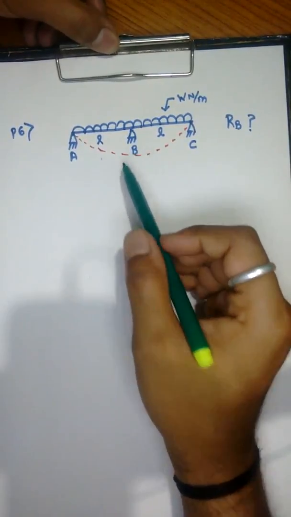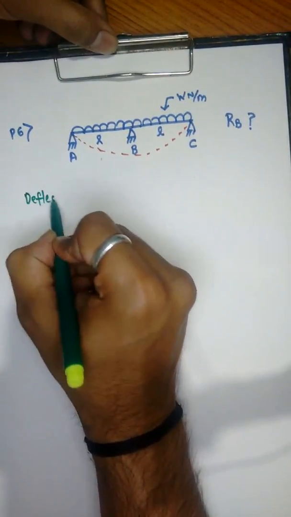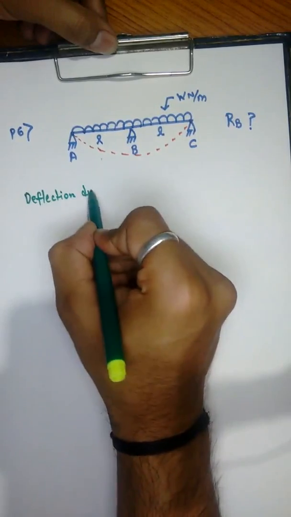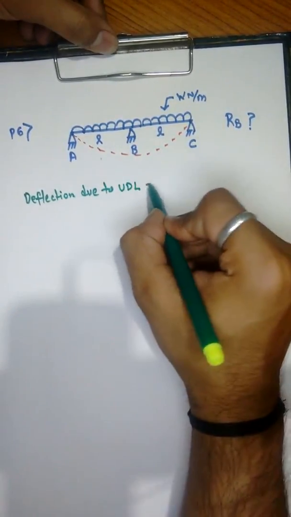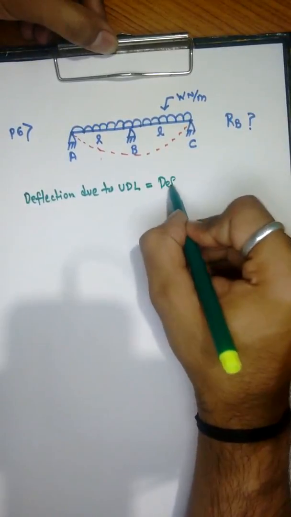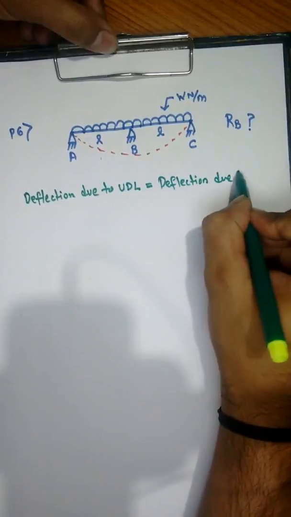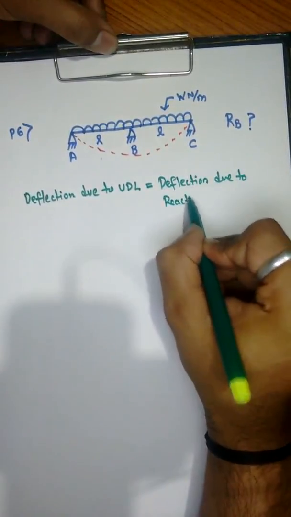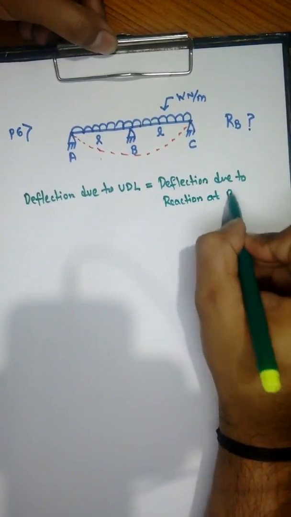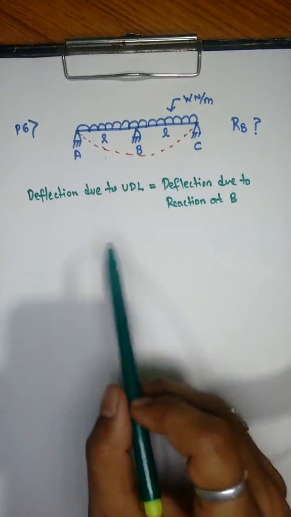So we equate the two deflections, means deflection due to UDL is equal to deflection due to reaction at B. So what is deflection due to UDL?